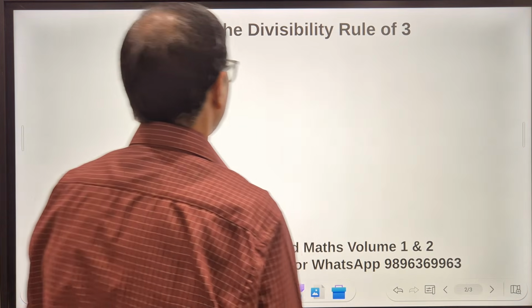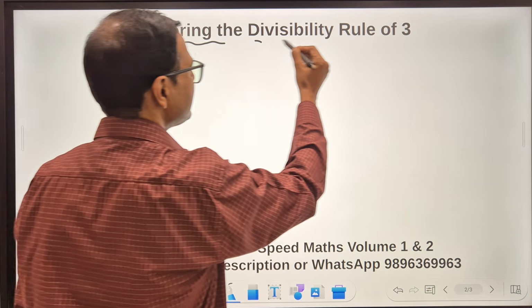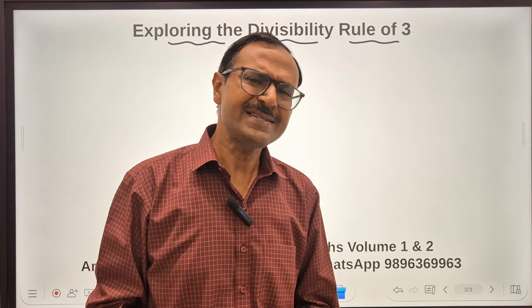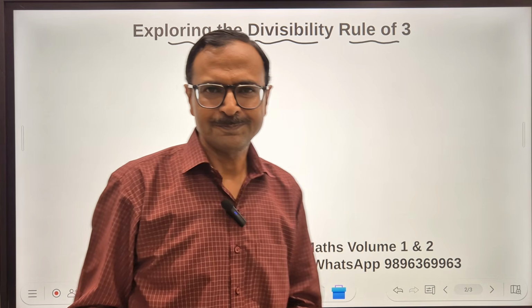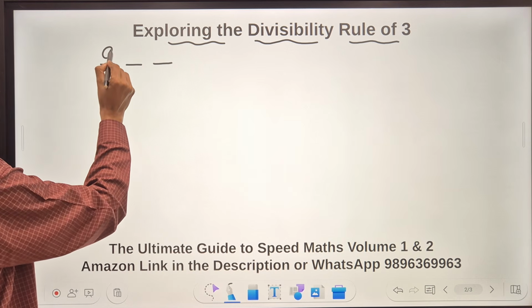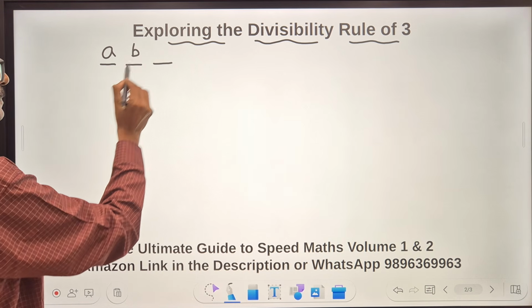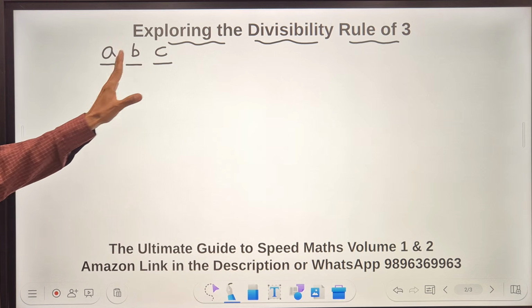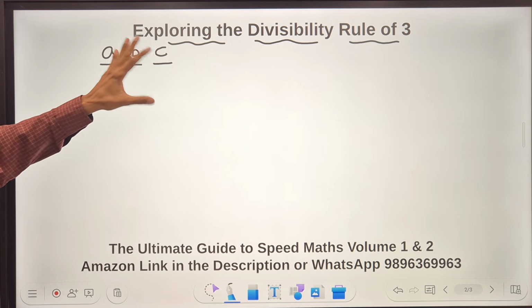So let's talk about the divisibility rule of 3 and let's explore why this works. Let's take an example of a 3-digit number. Suppose this 3-digit number is, say, A in the 100th place, B in the 10th place, and C in the 1st place. Now I want to check whether this number ABC is divisible by 3 or not.